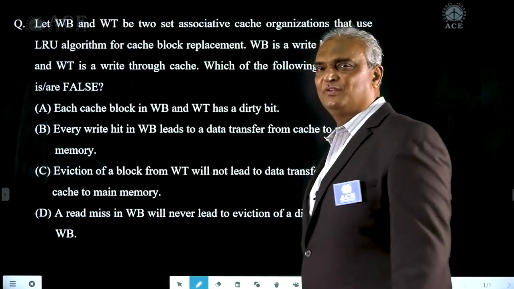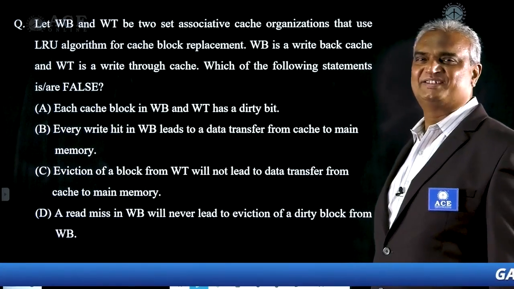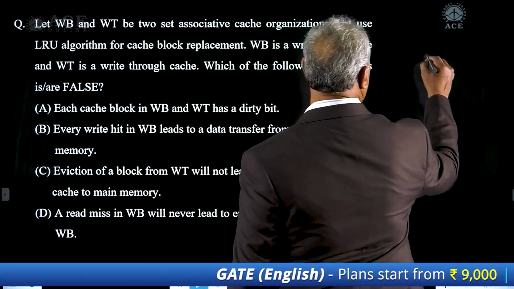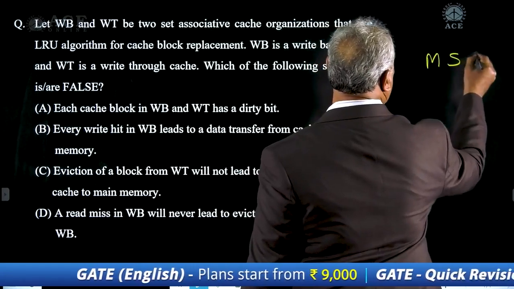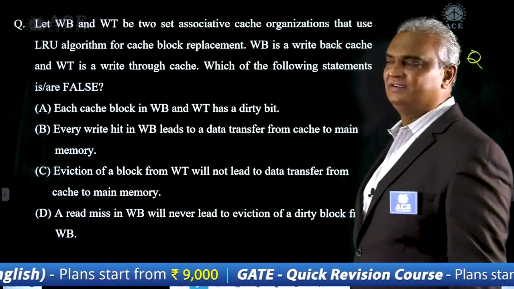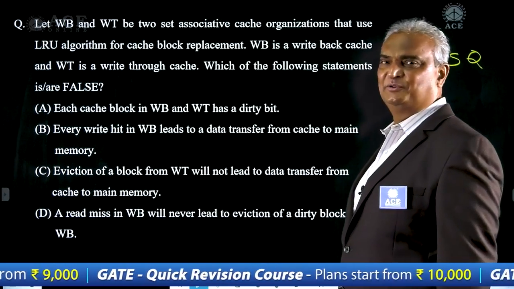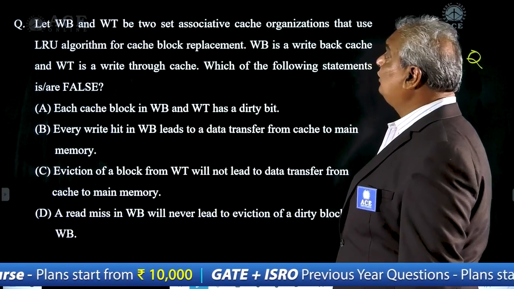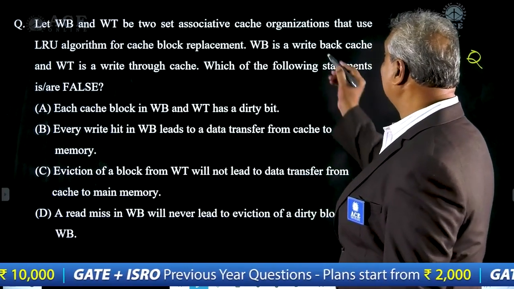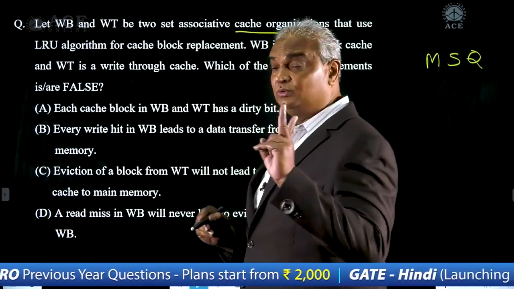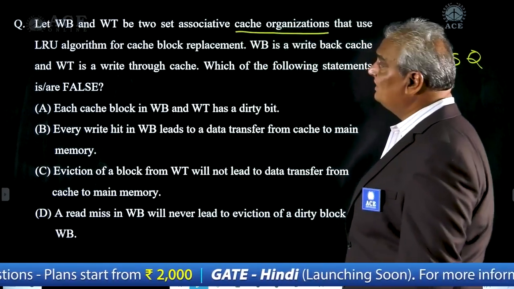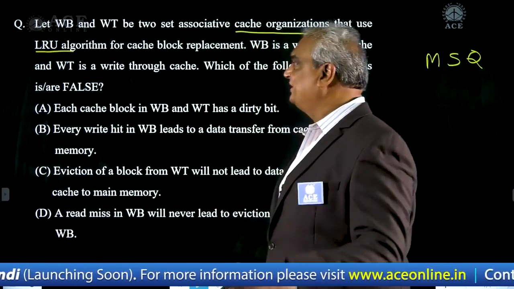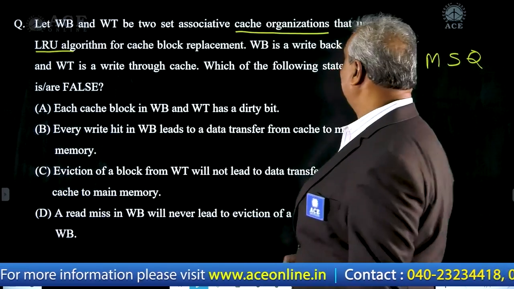Watch this question, one more question from the COA subject. It is an excellent question, and it is an MSQ, multiple select question. First, get 100% clarity in the question. Let WB and WT be two set associative cache organizations that use the LRU block replacement algorithm for cache block replacement.